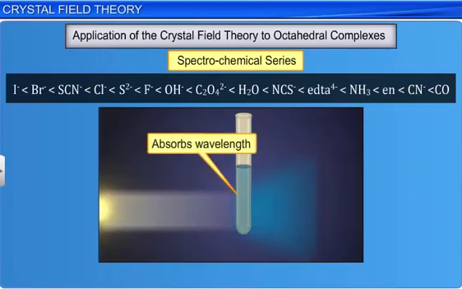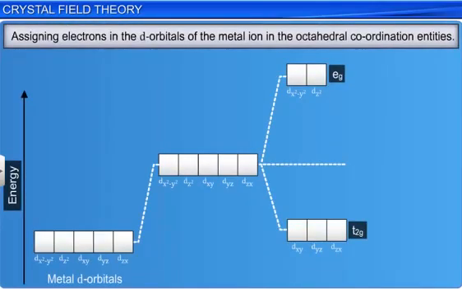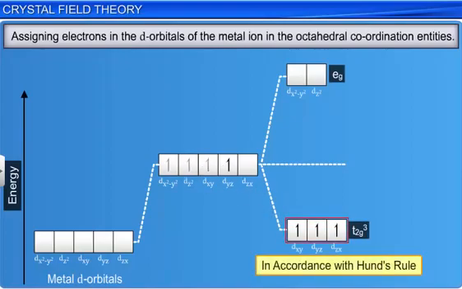Now, let's assign electrons in the d orbitals of the metal ion with d4 configuration in the octahedral coordination entities. Obviously, the first, second, and third electrons occupy the low-energy T2g orbitals in accordance with Hund's rule. However, for the fourth electron, there are two possibilities.